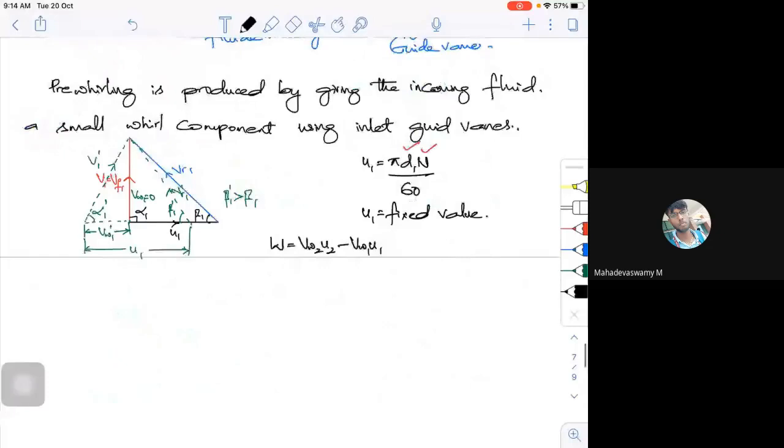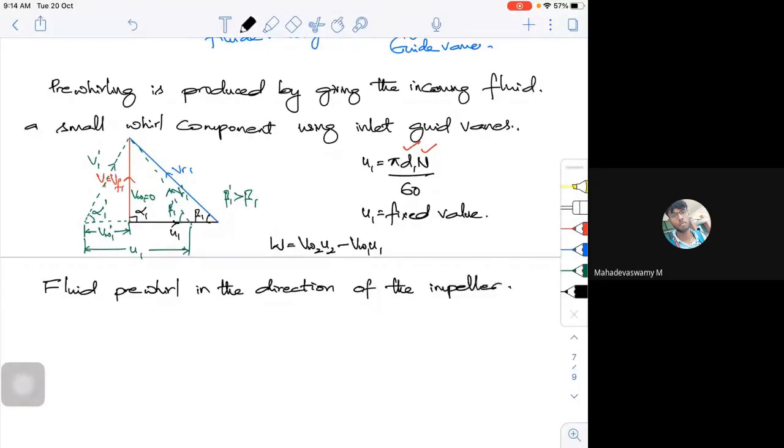The air pre-whirling or fluid pre-whirling, in the direction of the impeller rotation, because it's in the clockwise direction. I am giving the pre-whirling in the same direction as the impeller rotation, and it will reduce the compressor work.